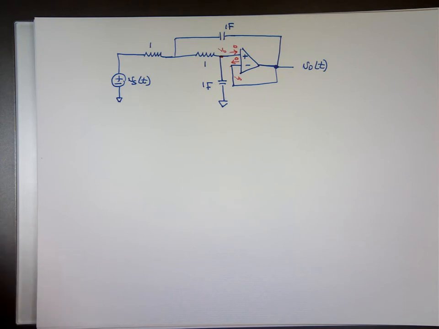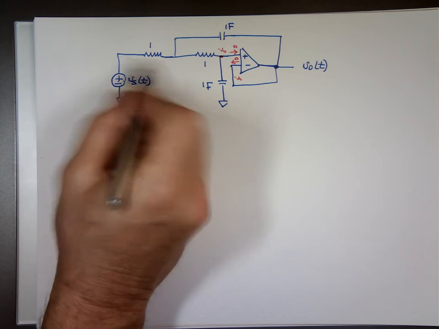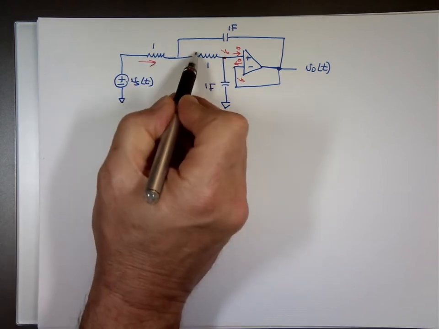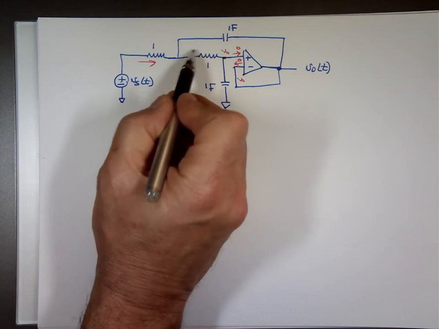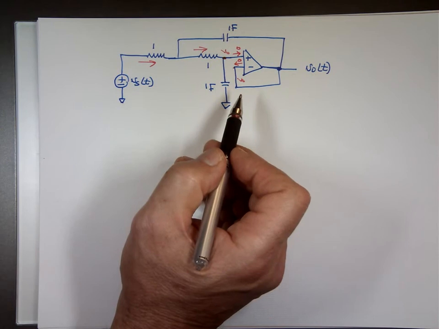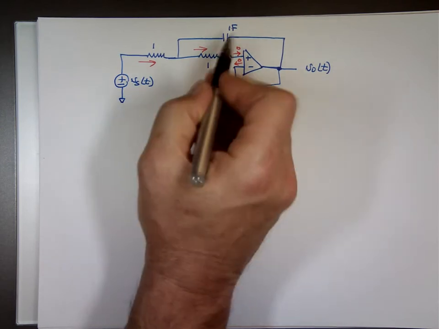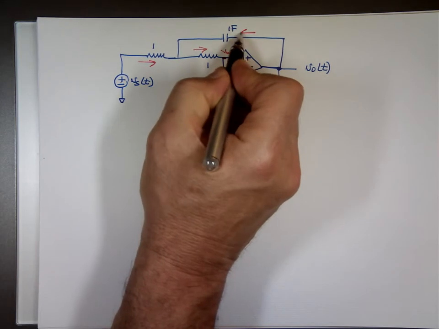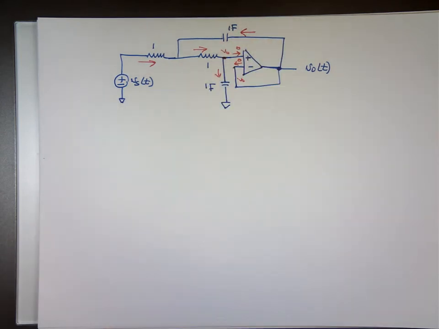So I can assign current in any direction. Now this one, which way do you want it to go? Left or right? You choose. Right? This one. Right. This one. Down. This one. Left. Okay. It doesn't make any difference which direction you make it, so I don't want people to think it's always going this way or that way.